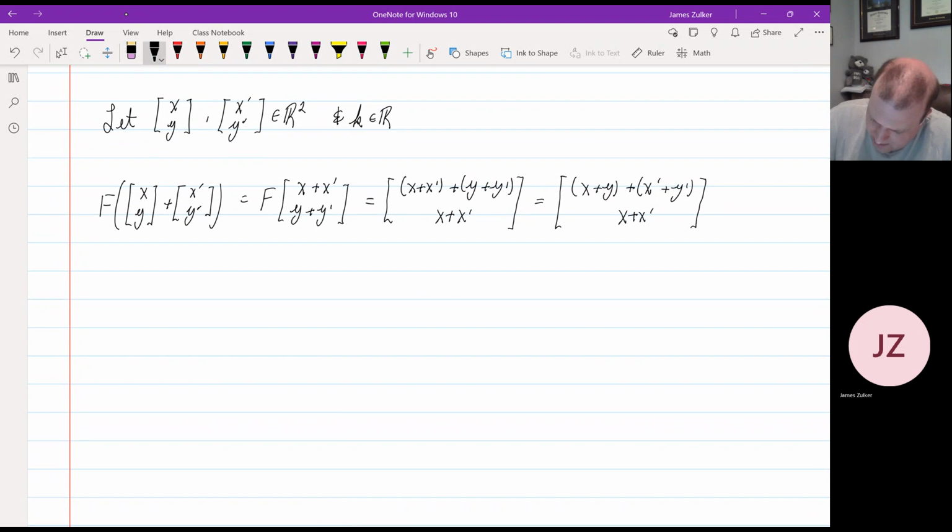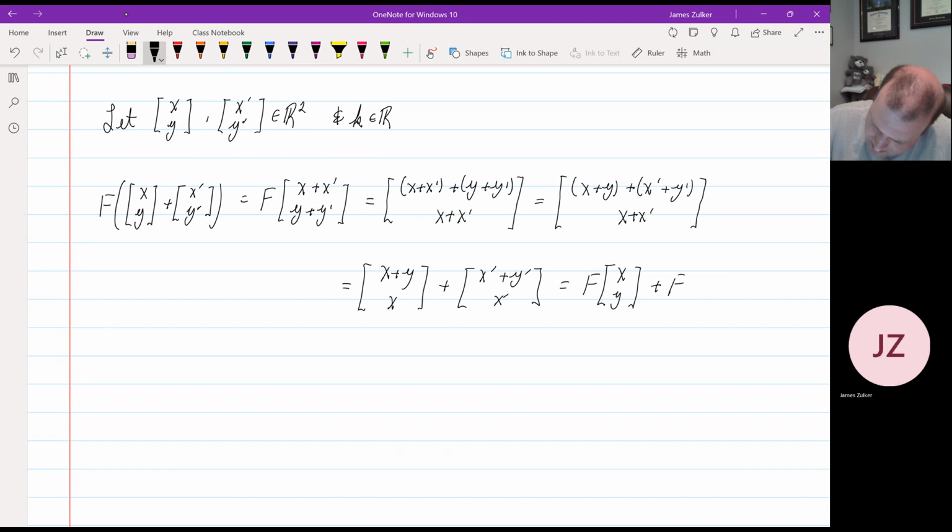And then say this is clearly the sum of two vectors, (x plus y, x) and (x prime plus y prime, x prime), which by definition would be f of (x, y) plus f of (x prime, y prime), which is what we wanted.